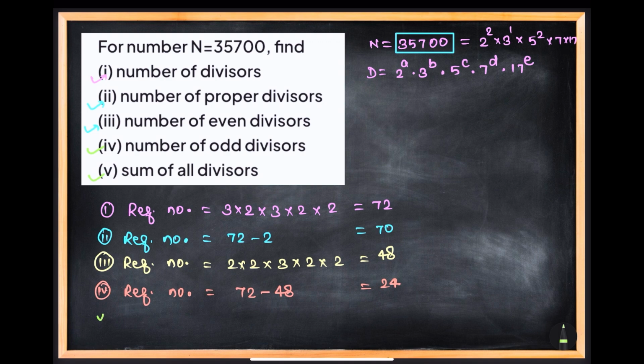So look at how we will find the sum. What you have to do is write all the powers of 2 multiplied by all the powers of 3 and so on, while taking the sum.